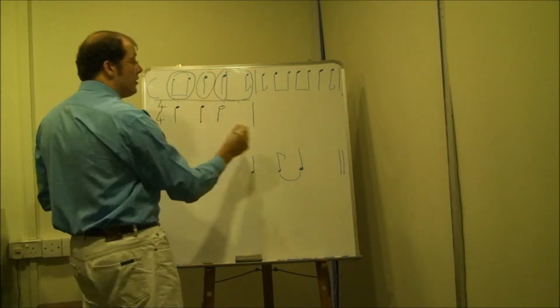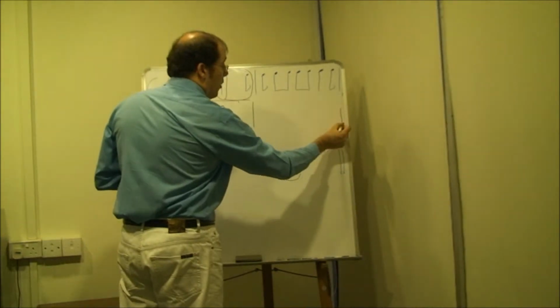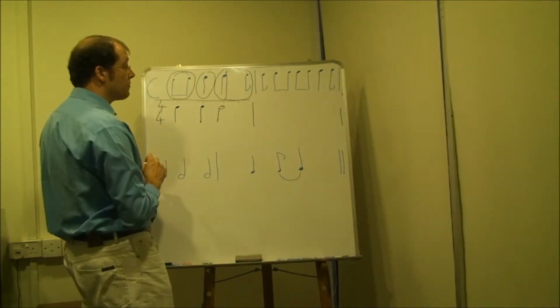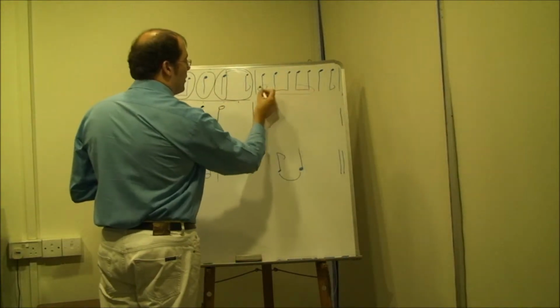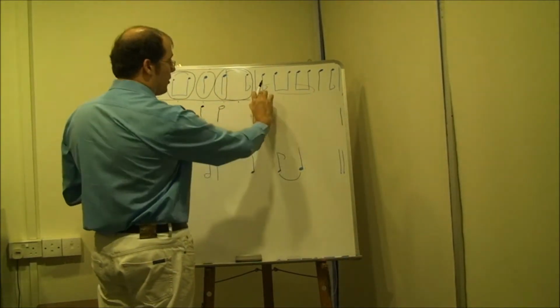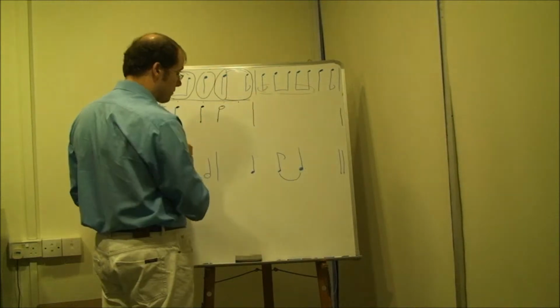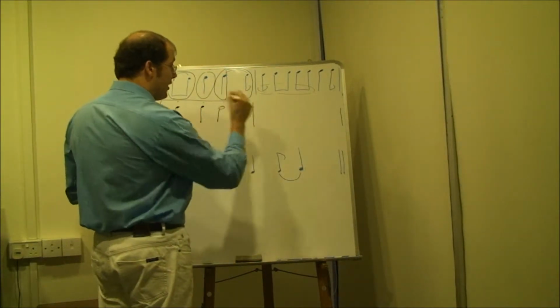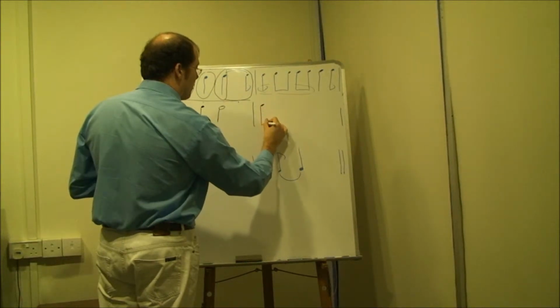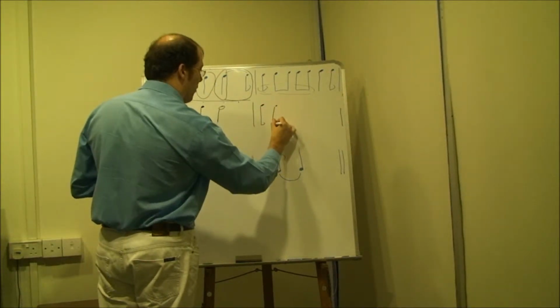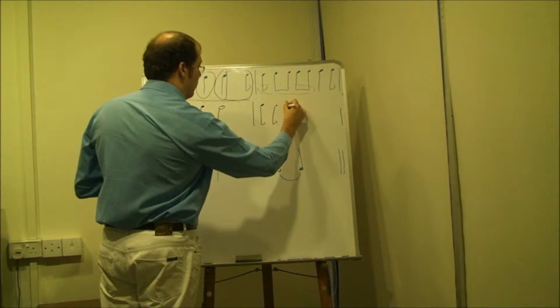Now, in this bar, we've got a whole bunch of quavers. And so the main issue that we're going to have is with the flags, with the beaming. So let's start out by just writing that number of quavers loose.